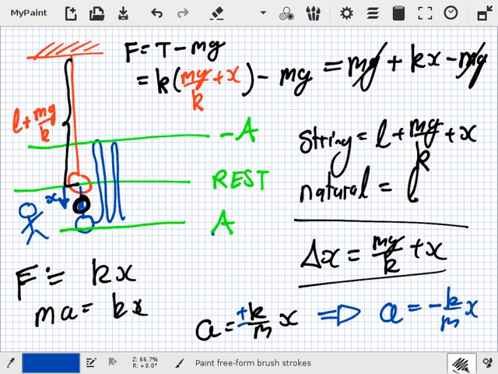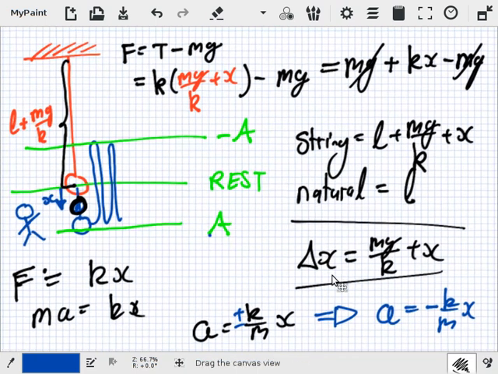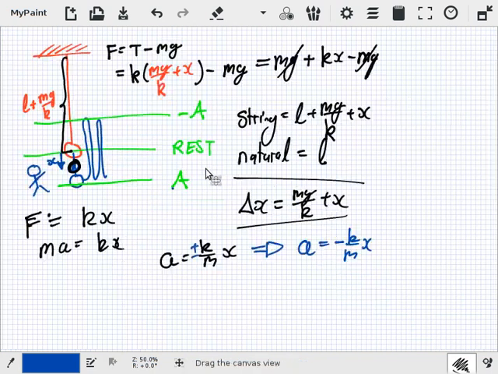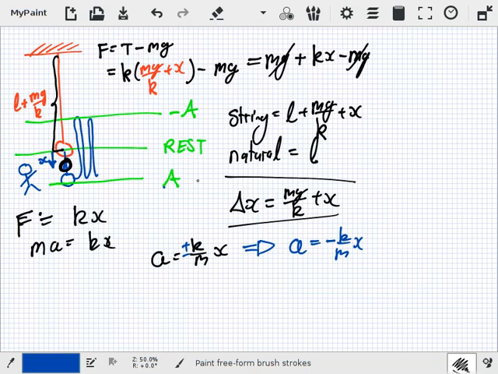Now if you think back to your formulas on simple harmonic motion, do you remember what the formula for acceleration was? A equals something by something. You might have to look back if you don't remember it. The formula for acceleration in simple harmonic motion: minus omega squared times s, or in this case we'll call it x.